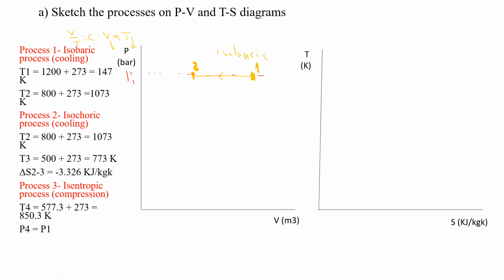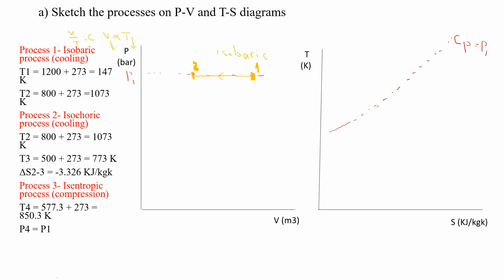So now we draw the isobaric process on this diagram as it is at a constant pressure. I'll just draw a constant CP curve, which is equal to P1.